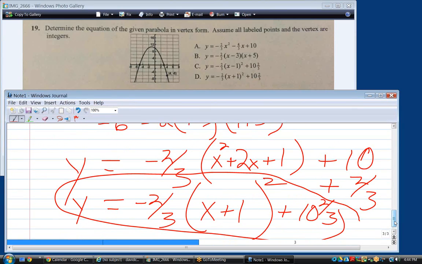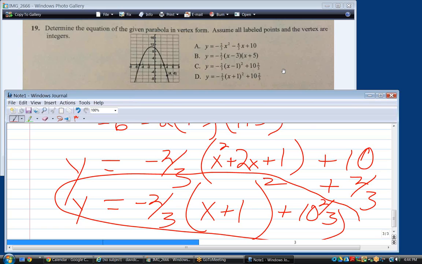Okay. So, boy, this was one of the trickier questions I've ever seen. It truly was, because B is the same equation as D, but the instructions say vertex form, and B is not in vertex form. B is in x-intercept form.